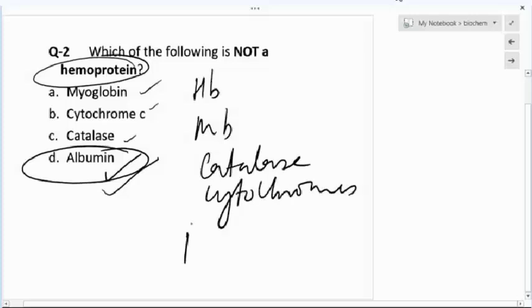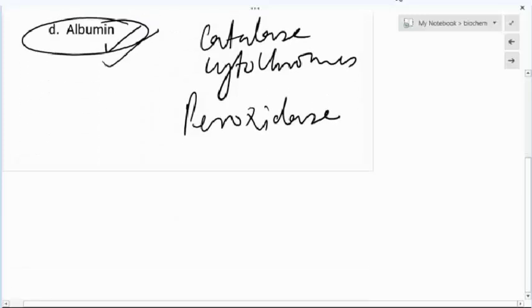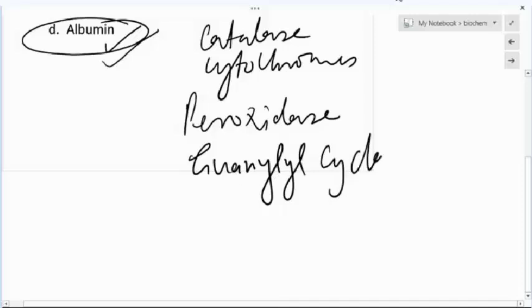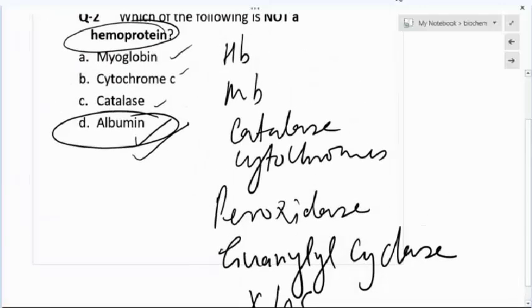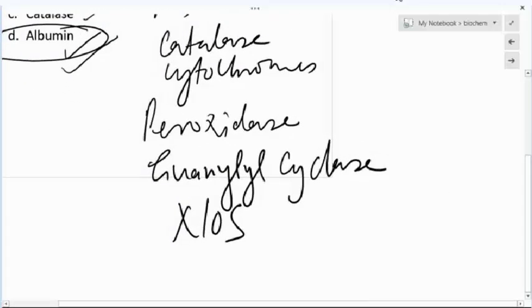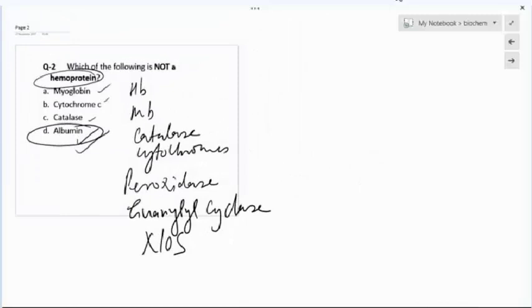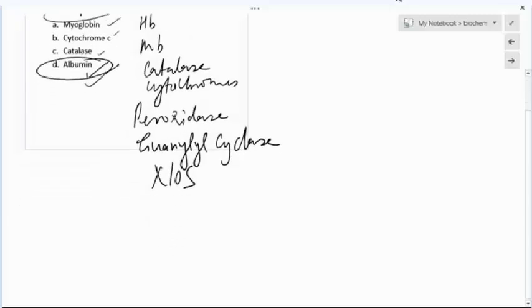Then you have peroxidase enzyme, then you have guanylyl cyclase enzyme. Then you have NOS enzyme, nitric oxide synthase enzyme. So this is an important list of enzymes which are actually heme protein, and if you see, albumin is not the heme protein, globulin is not the heme protein, they are actually the simple proteins.